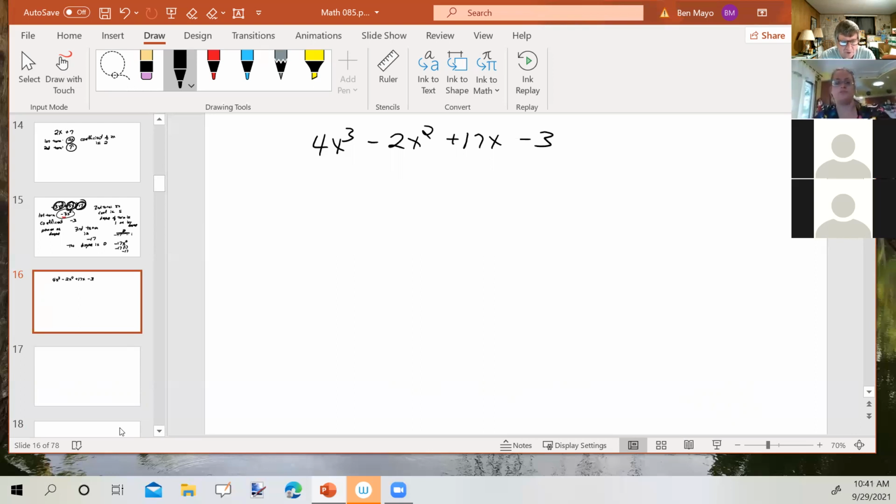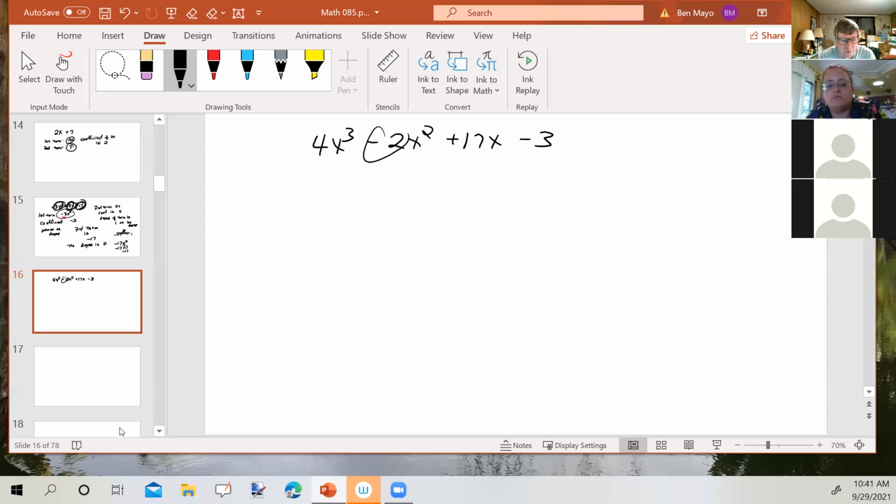The degree of the first term is 3. The second term in this polynomial is negative 2x squared. So we pick up that negative sign as part of the term. The coefficient of that term is negative 2. The degree of that term is 2, or a second degree term.